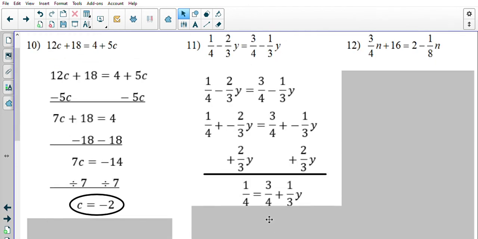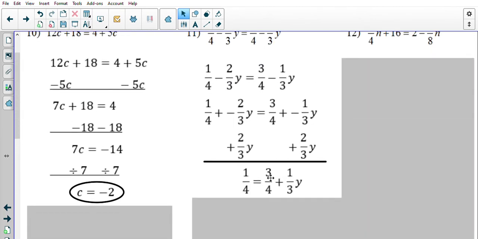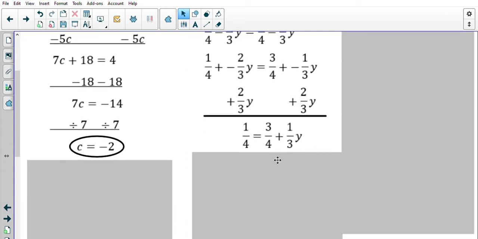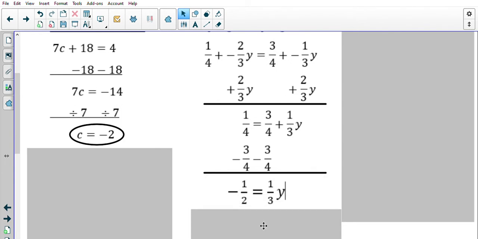That's going to leave me with 1/4 equals 3/4 plus -1/3 plus 2/3, which is 1/3 y. Now, let's subtract 3/4 from both sides. That's going to get us -1/2 equals 1/3 y. Ignore that line, it just randomly showed up when I copied this in.